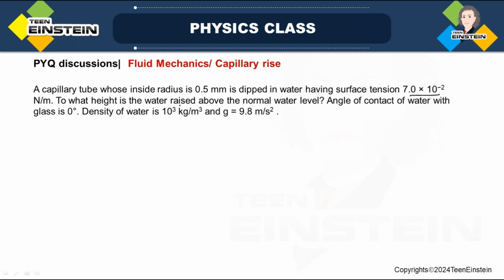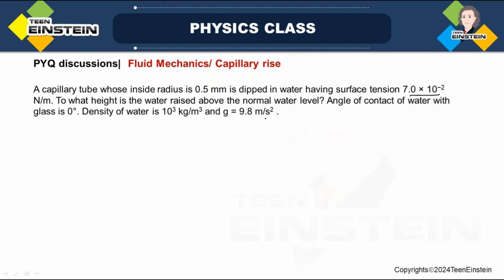To what height is the water raised above the normal water level? Angle of contact of water with glass is given as 0 degree. Density of the water is also given, and g we have to take as 9.8 meter per second square.